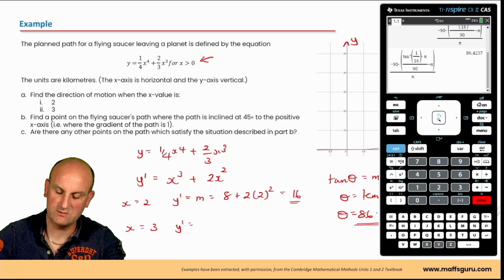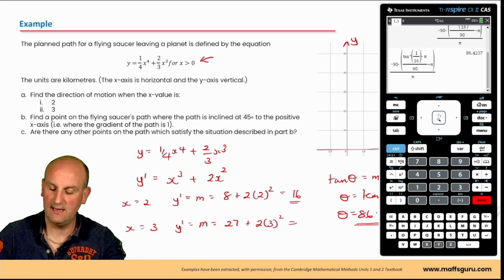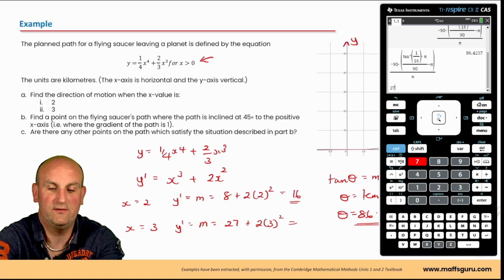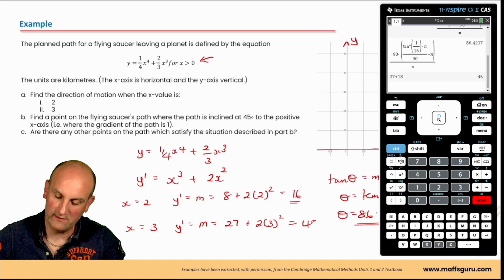Well, when x is equal to 3, what do I have? I would have y dashed, which is equal to m, is going to be 3 cubed, which is 27, plus 2 lots of 3 squared, which is going to be 9, 18, 27 plus 18. Again, only because I don't want to make a mistake, 27 plus 18 is 45.